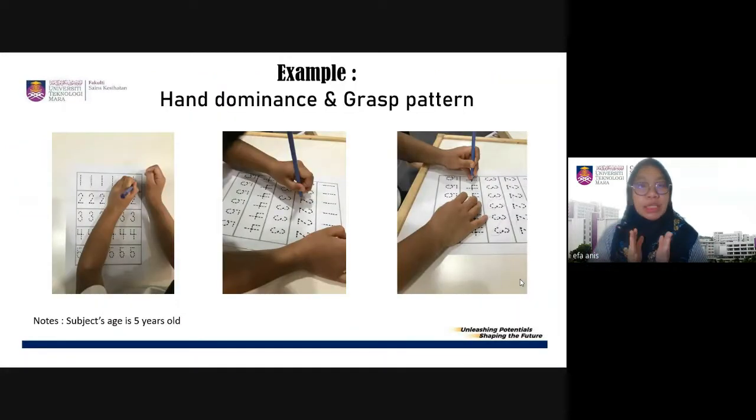Okay, so this is the example that I tried to provide for all the participants. As you can see, is anyone willing to volunteer to mention what they see in this? In terms of the header, it's very clear, it's the right hand, but is there anything else you notice here? This is the same subject.